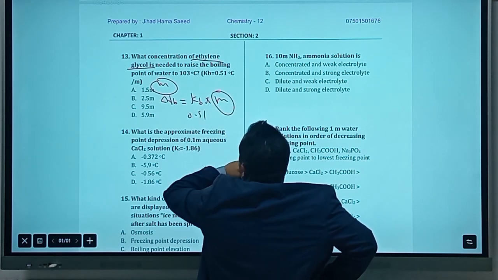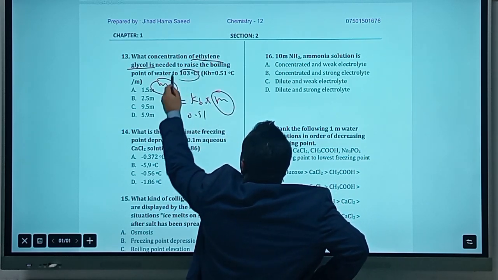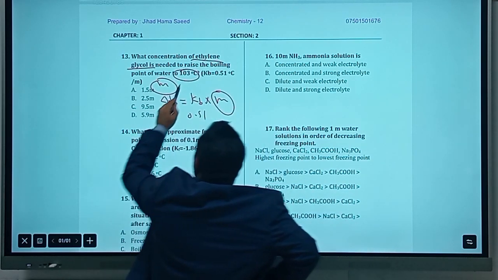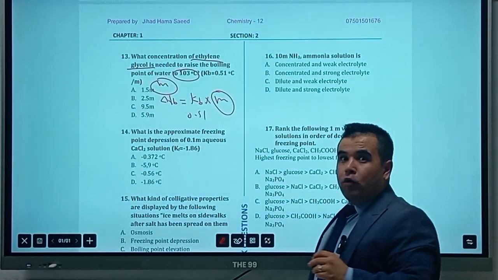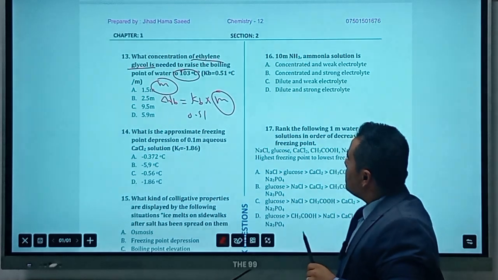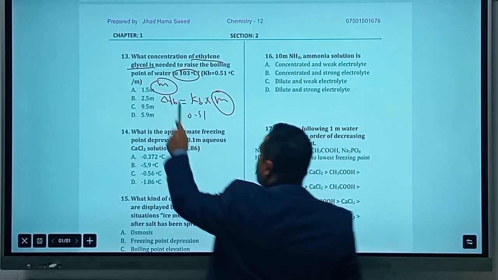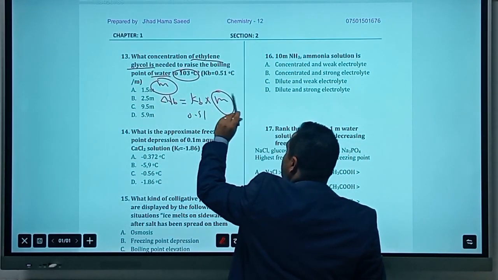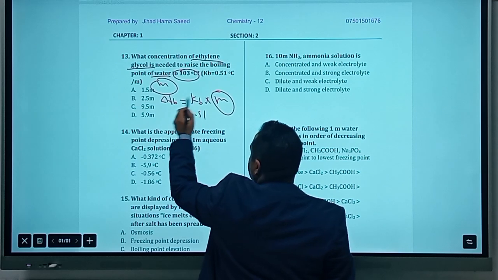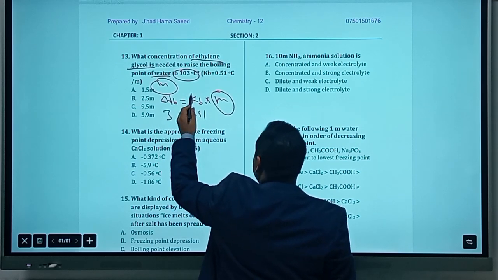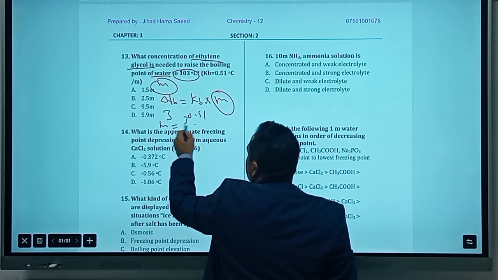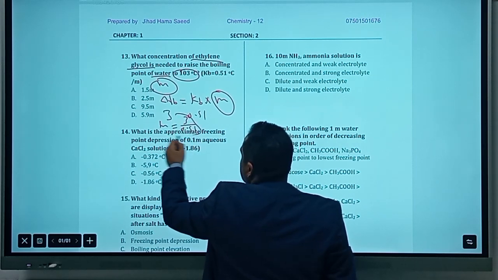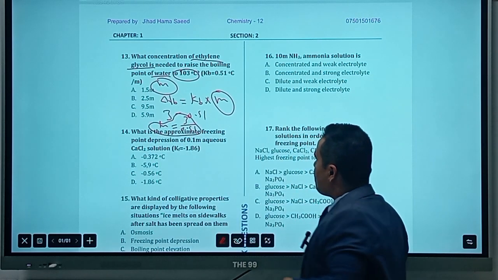The concentration is the requirement. The boiling point of the solution is given. The boiling point of the solution minus the boiling point of the solvent, which is water, 100, will be 3. So the delta TB here is 3. Molality is equal to 3 divided by 0.51. So this will be the result, guys.